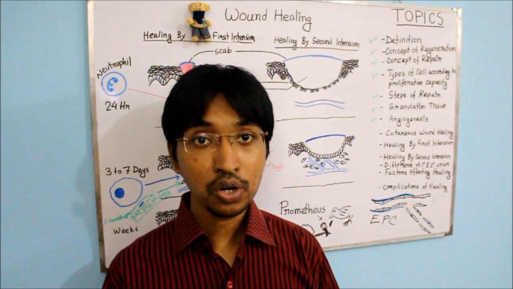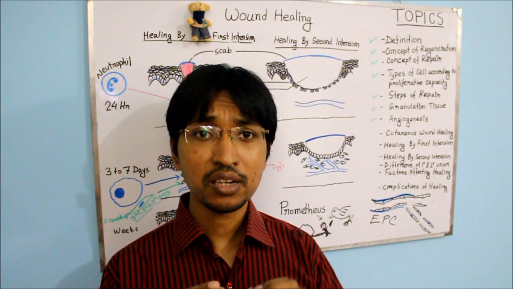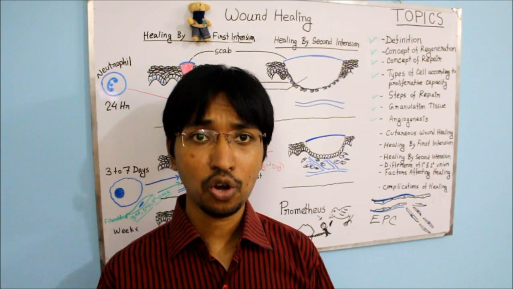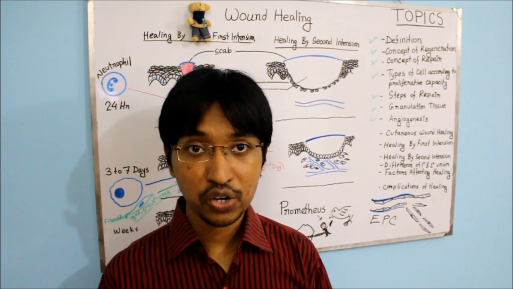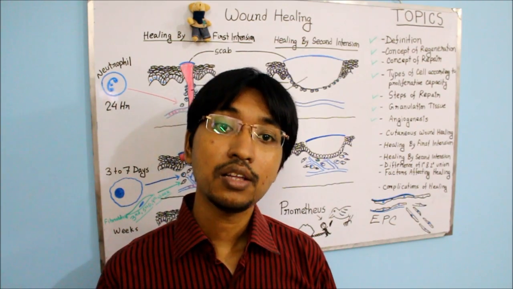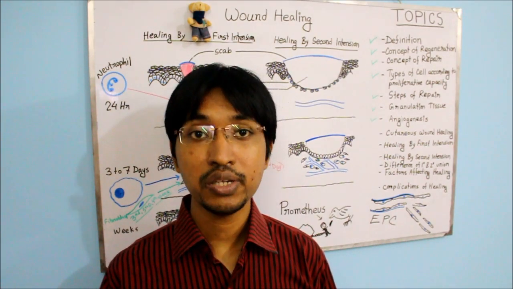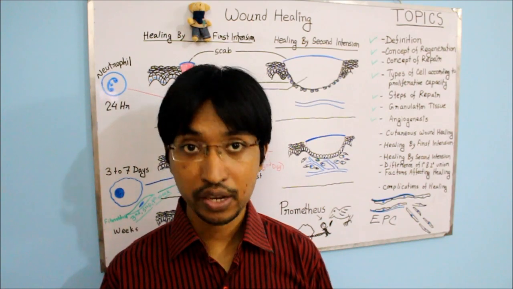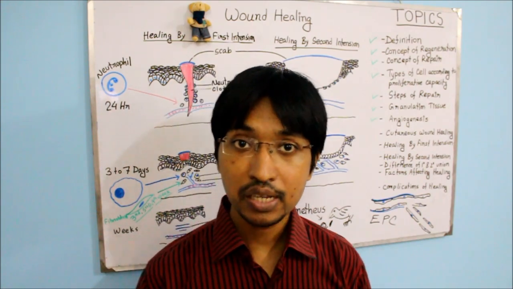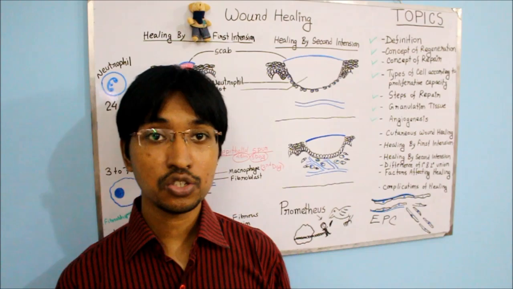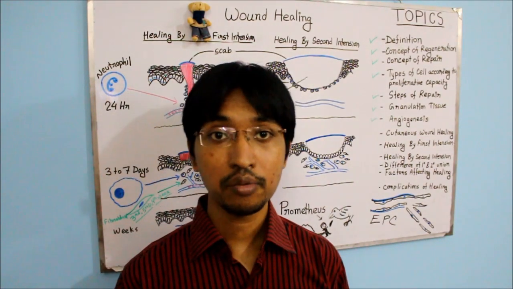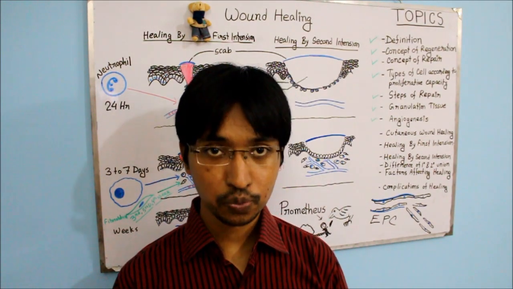And number 4, there has to be very limited amount of tissue loss. So if these criteria are fulfilled, then that wound will heal by first intention. And also remember, healing by first intention is also sometimes called primary union.